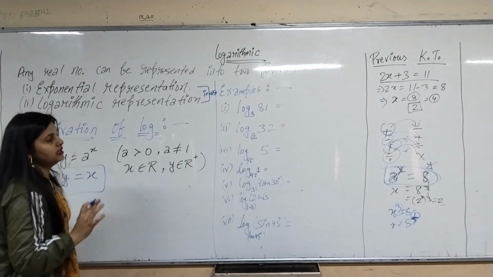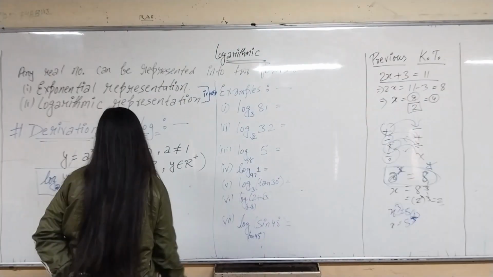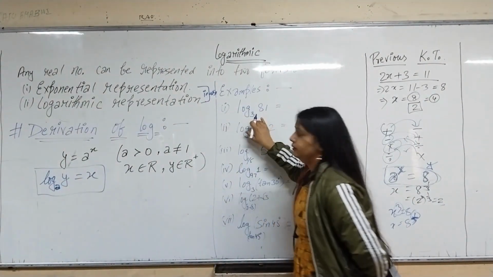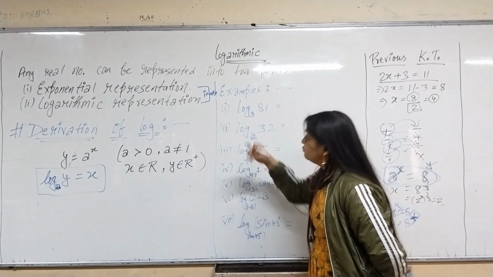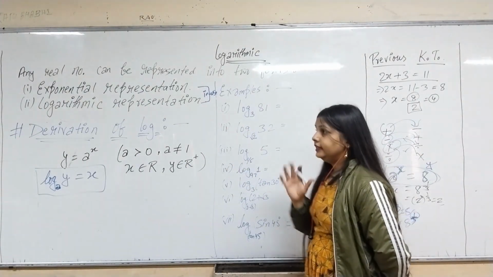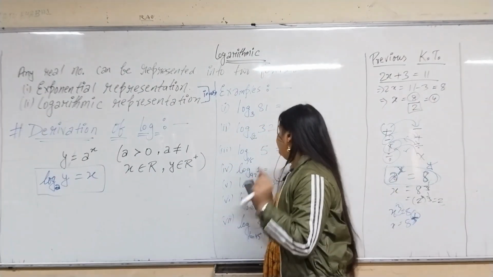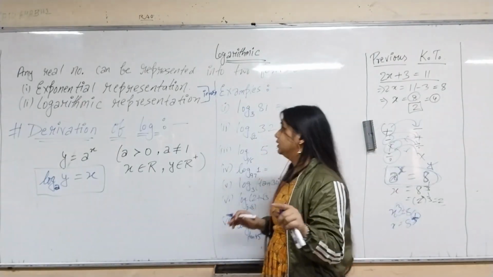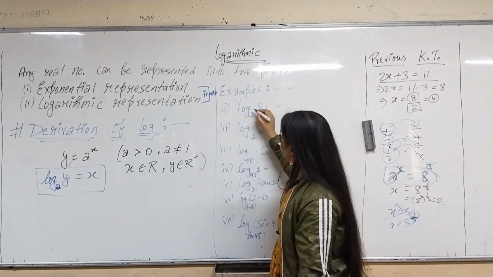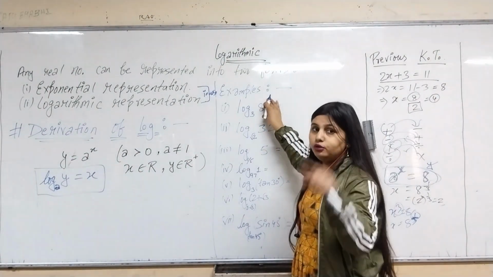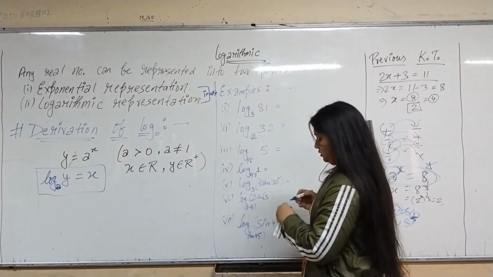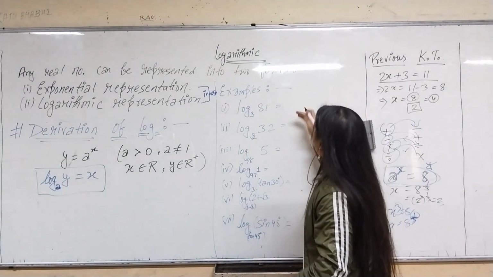Okay? Let's have some examples to make it clearer. If we want to solve log 81 with base 3, what is being asked here? It is being asked what number will give 81 when we use that as a power of 3. Let me solve it.